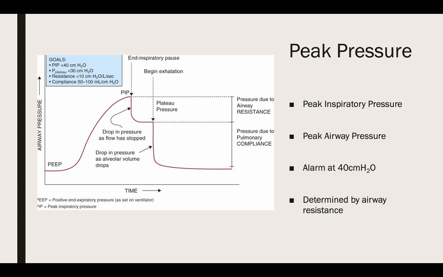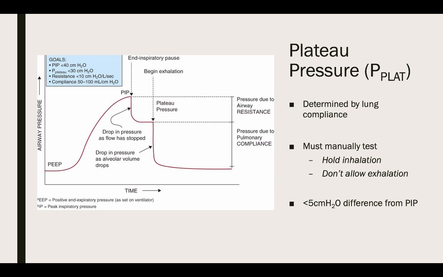So these peak airway pressures aren't something that we're going to be setting on the vent, but there's a default alarm, and then we can change the alarm settings a little bit if we want. Just know that there's a certain pressure that we need to get air into the lungs. So our peak pressure is determined by airway resistance, but we can also measure a plateau pressure, which is determined by lung compliance. So we've got our vented patient.